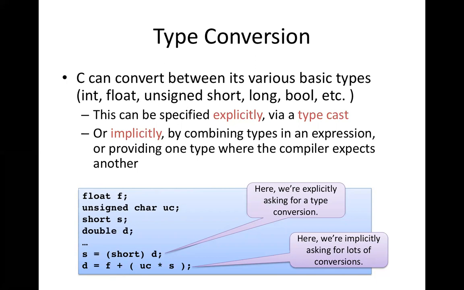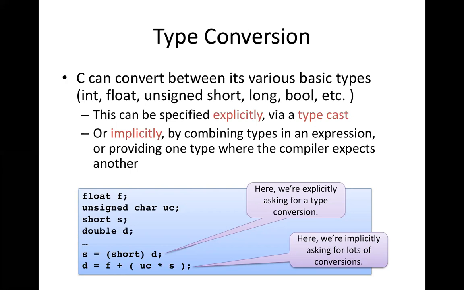Even if you don't use a typecast, even if you don't tell the compiler to convert a particular type, it'll do it in a lot of situations. It'll decide you must have wanted a typecast there. The thing that makes C interesting is it'll let you do implicit type conversions in a lot more situations than Java would.